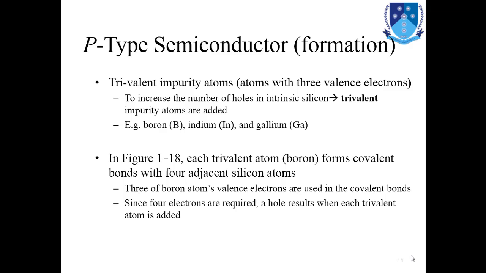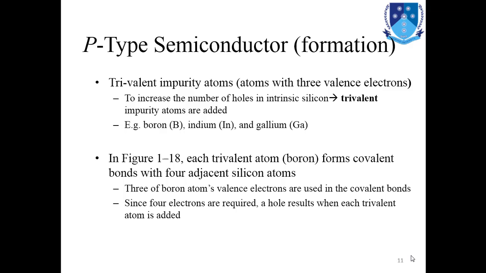If we increase the number of boron impurities, the number of holes in that semiconductor material will also increase. If we add 100 boron atoms, we will have 100 holes in that material. If we add 1000 boron atoms, we will have 1000 holes in that material.